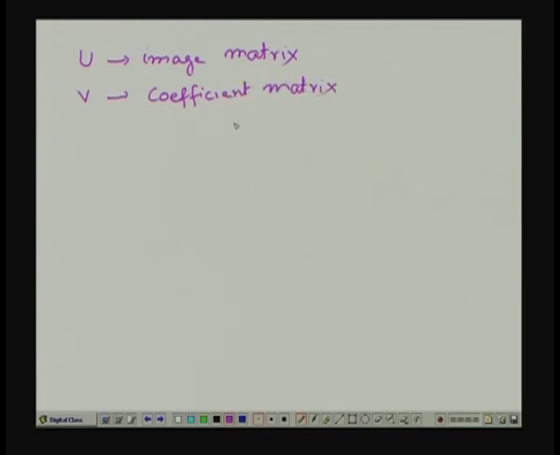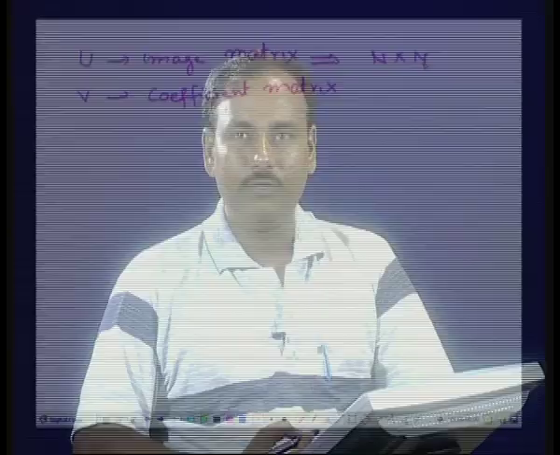And you remember that both these matrices are of dimension capital N by capital N. Now, for both these matrices U and V, we represent them in the form of vectors by row ordering. That is, we concatenate one row after another. By this row ordering, we are transforming this matrix of dimension capital N by capital N to a vector of dimension capital N square.